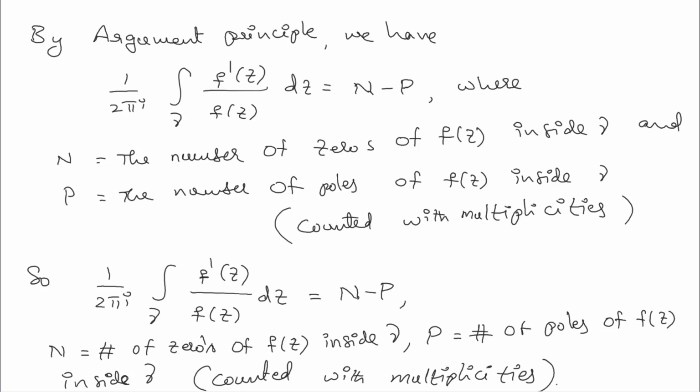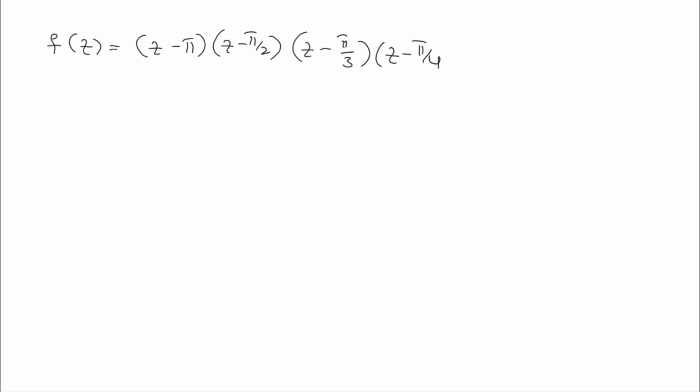So now looking at the function f of z, f of z is nothing but z minus pi, z minus pi by 2, z minus pi by 3, z minus pi by 4 up to z minus pi by 17.